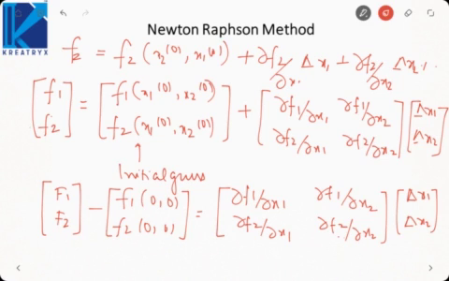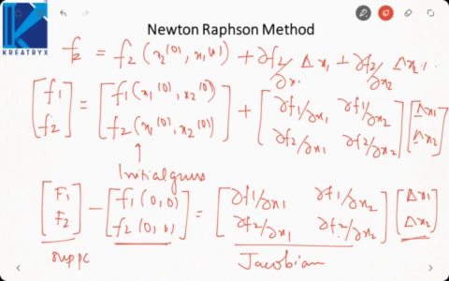Okay. So now this is called as your Jacobian matrix. And this vector delta x1 and delta x2 is called as your correction vector. Okay, and these are my calculated value. This is my supposed value, which it must be equal, and this is correction vector.